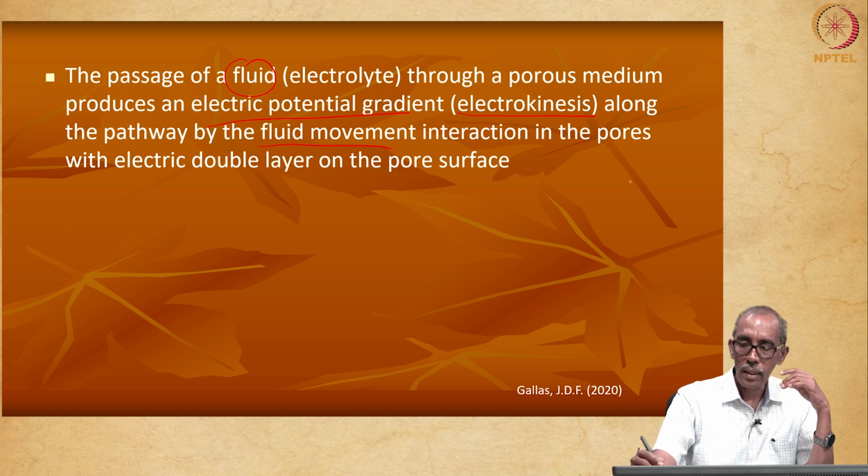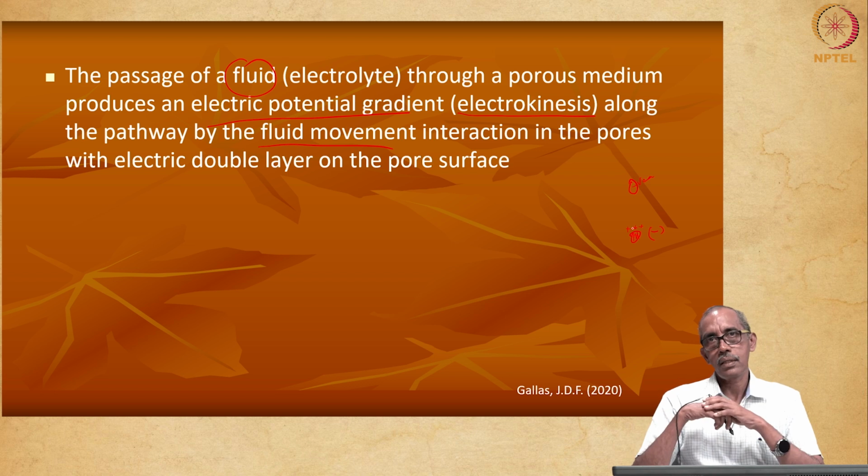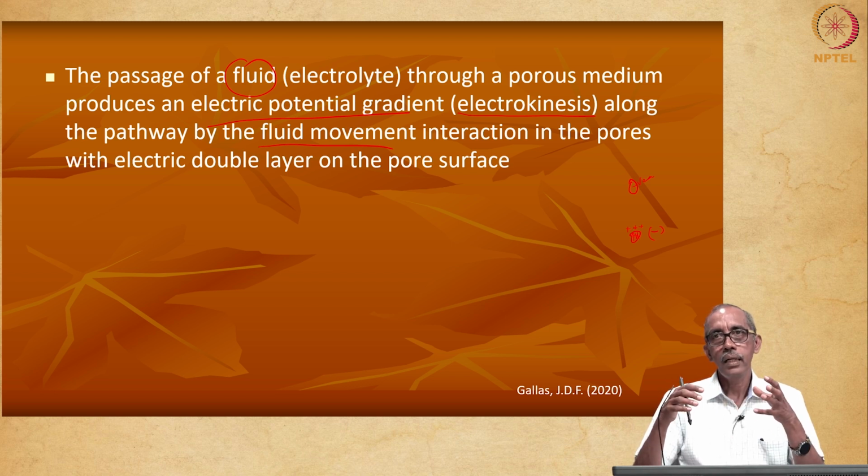We have seen already the surface of a mineral normally is negatively charged, right. Suppose if you consider this as a small grain, surface is negatively charged, due to which the water passing through will have all the positive ions surrounding the surface of this, right. You will have a kind of cloud of positive ions.